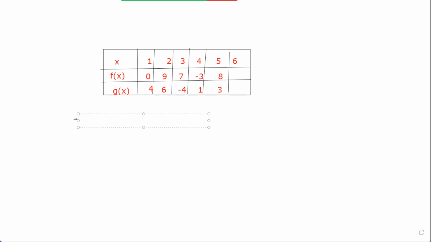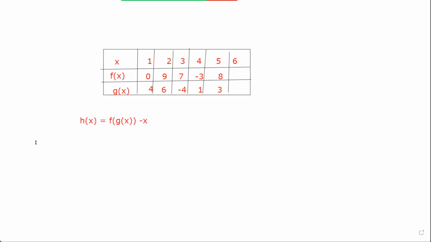So we're given that H of X is equal to f of g of X minus X. That's what we're given, and we want to find this value.